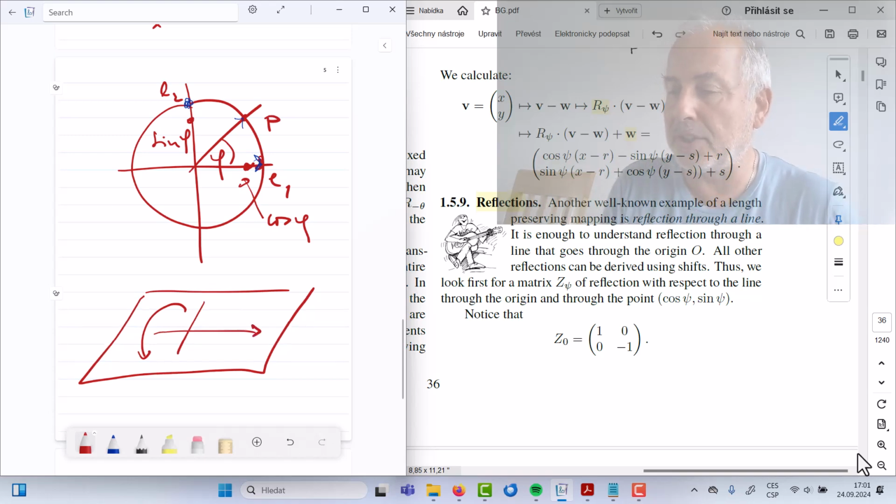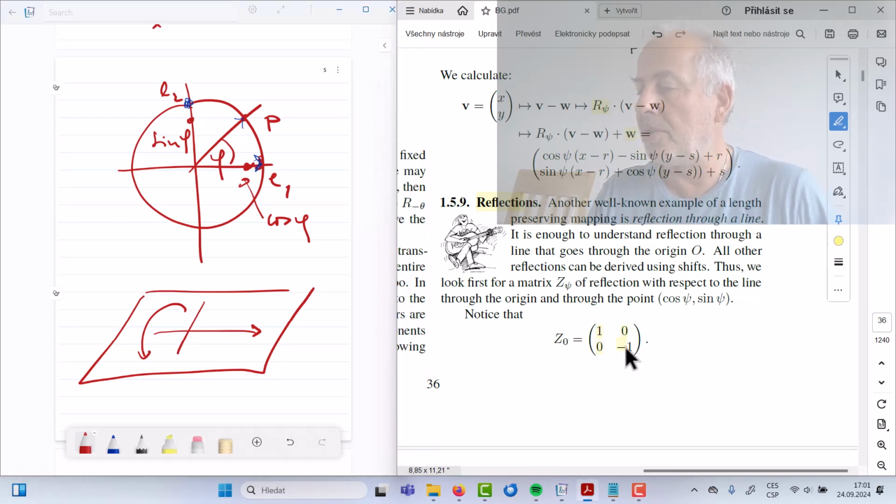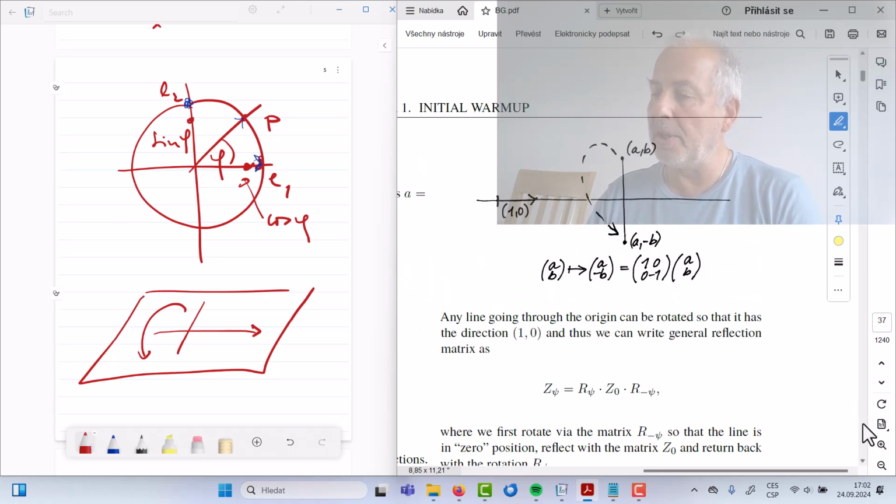So the x-axis keeps going, and the y coordinate simply changes the sign. And that's exactly what happens with this matrix, right? No problem to see that, I guess. You just keep the x coordinate and change the sign of the y coordinate.